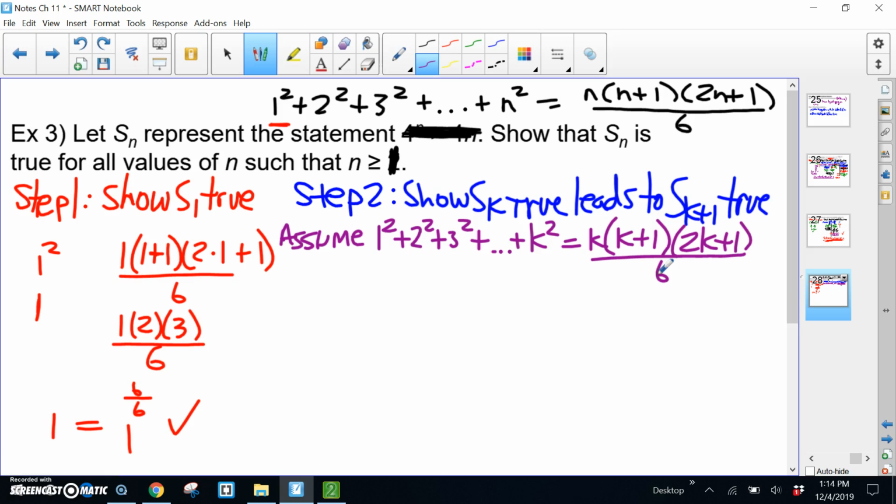So just take the original statement and replace the n with a k, and we're going to assume that's true. So we're assuming there's some domino that's going to fall down. And now we need to prove that the next domino will fall.